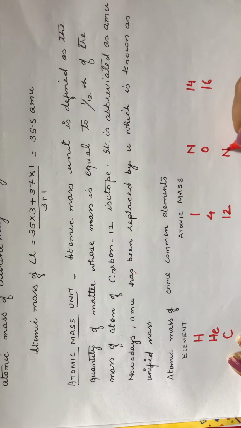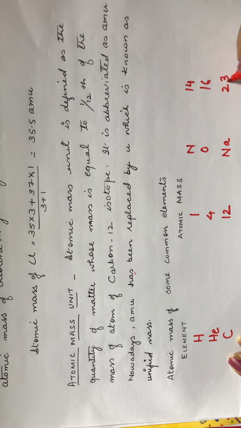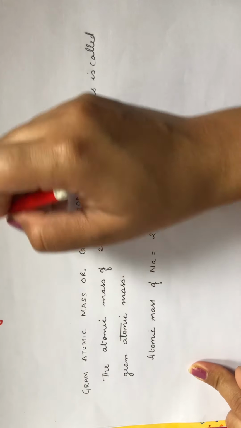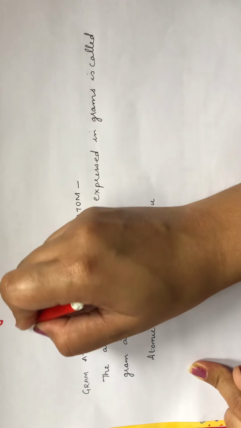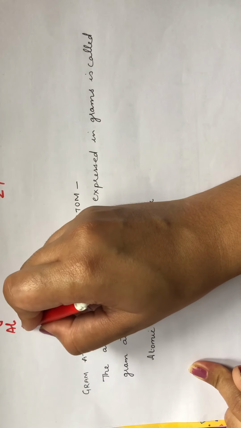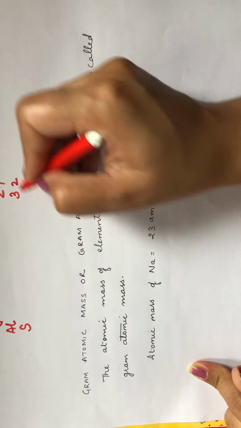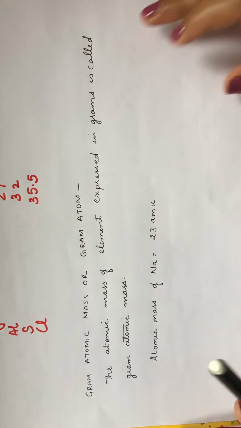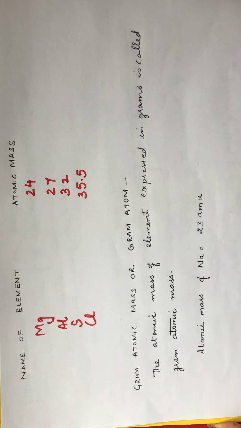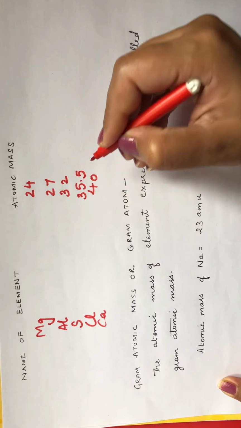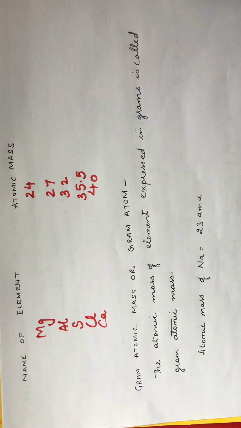Sodium is 23. Magnesium is 24. Aluminium is 27. Sulfur is 32. Chlorine is 35.5. Calcium is 40.